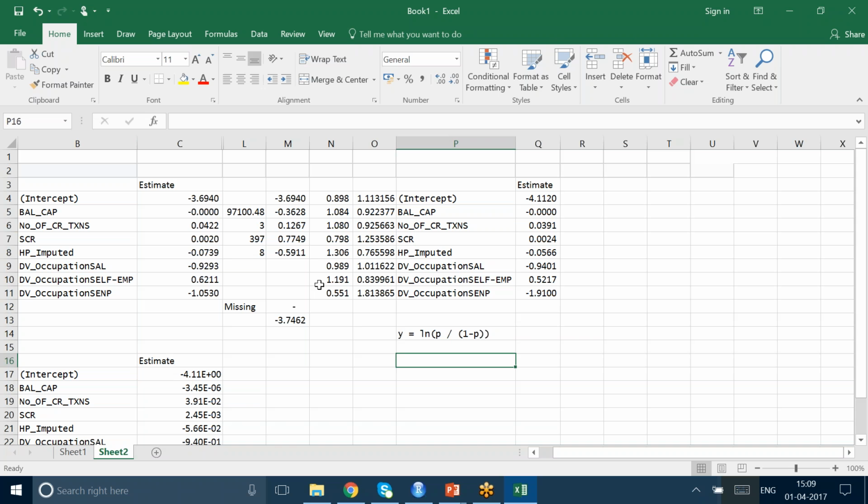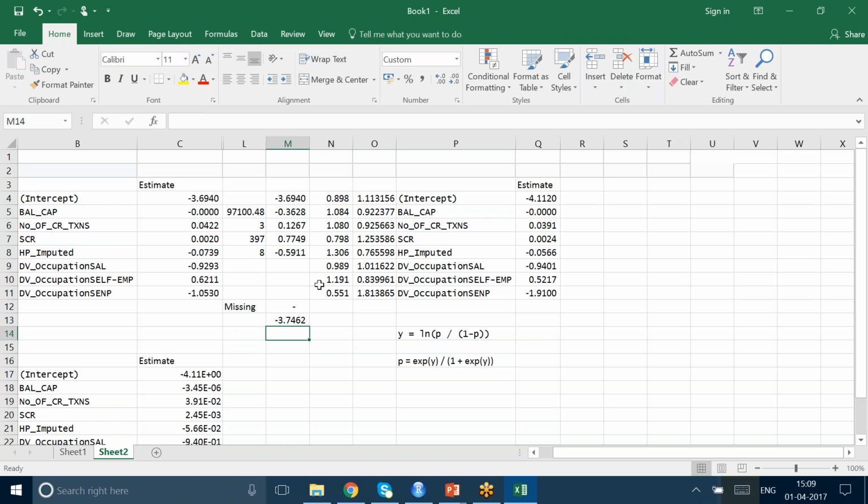And when we solve this equation, we get p is equal to exponential y divided by 1 plus exponential y. When you solve this equation, this is what you get. So I want to compute the probability.